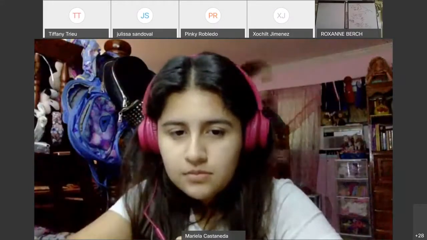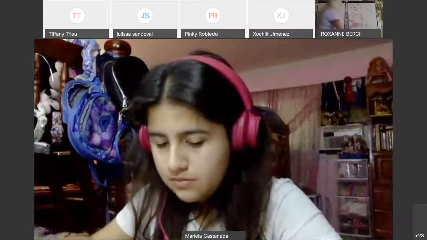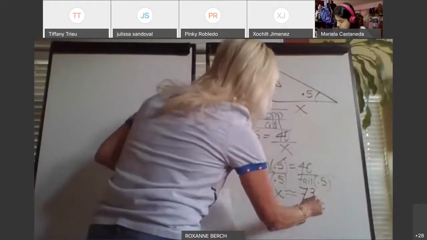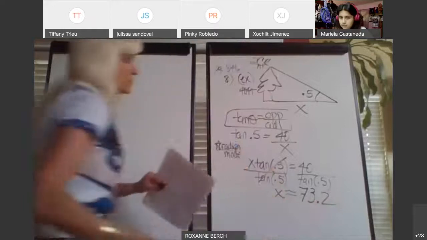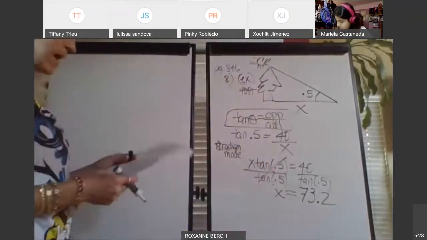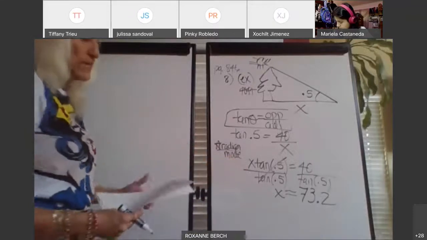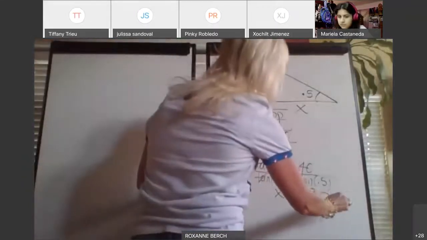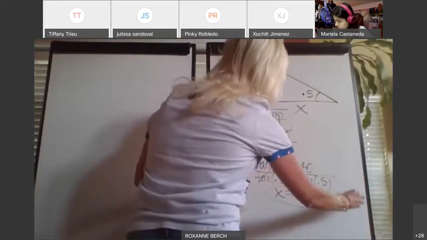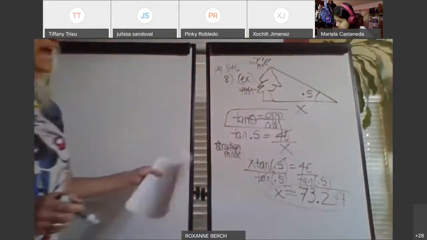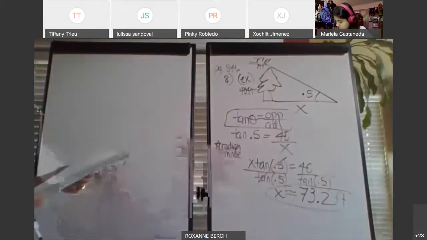Yep, it's about 73.2. So if you were going to make a statement about this, probably you would say that the shadow is about 73.2 feet.